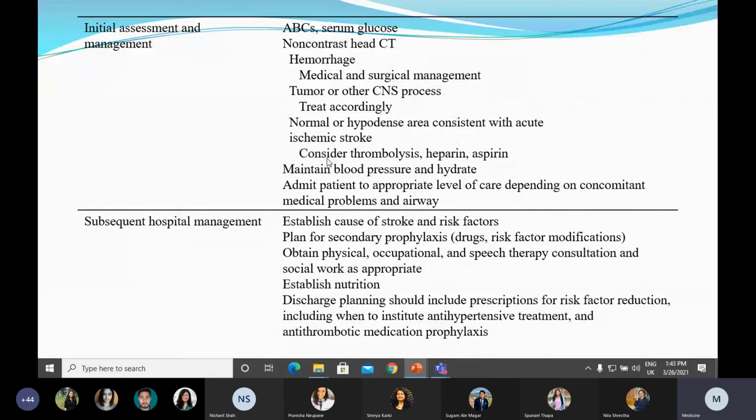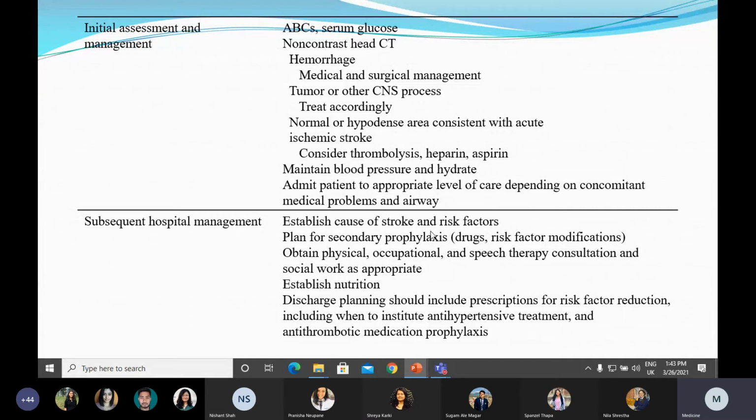If you have an ischemic stroke, then you should consider thrombolysis, starting of aspirin, maintain blood pressure, and hydrate the patient, and admit the patient to the appropriate level. Nowadays, we have a stroke unit in most of the hospitals, and they manage the patient in the stroke unit like that of a cardiac care unit for cardiology patients.